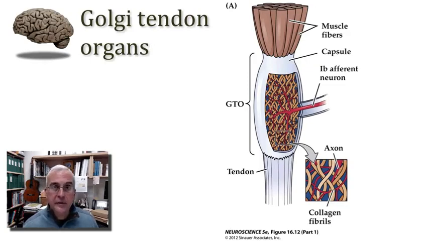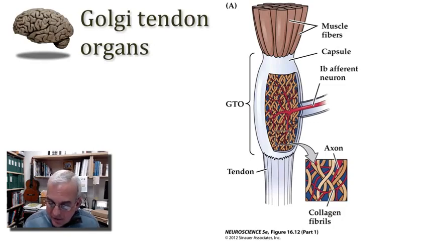The Golgi tendon organ is relatively insensitive to the stretch that is applied to a skeletal muscle, and that's because most of the stretch is absorbed by the muscle fibers themselves. The Golgi tendon organ is a structure that's found not in the muscle fiber per se, but in the tendon that attaches the muscle fiber to the skeleton.